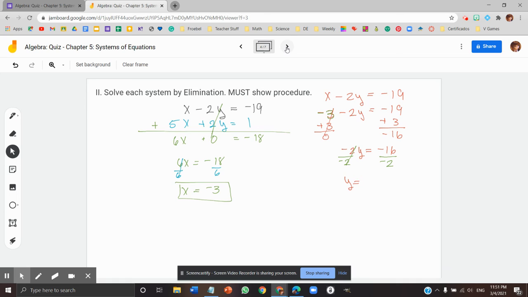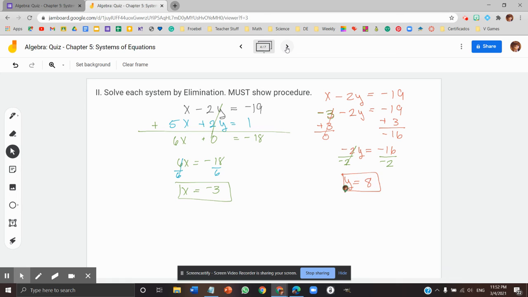And on my right side, I'm going to have negative 16 divided by negative 2, and they're both negative. So if I am multiplying or dividing by two negative numbers, that means that my answer is going to be a positive number. So negative 16 divided by negative 2 is going to be positive 8.